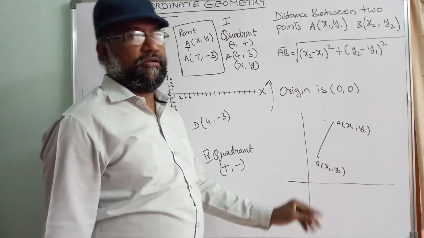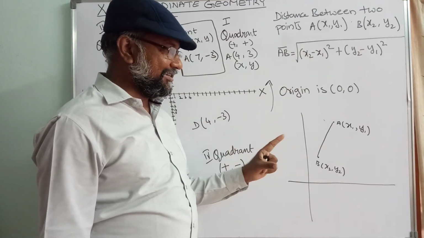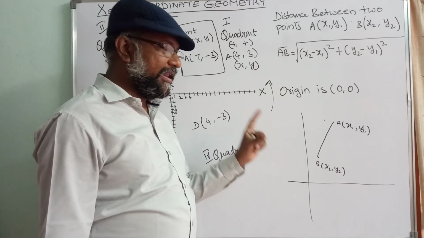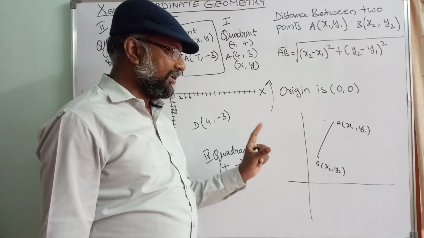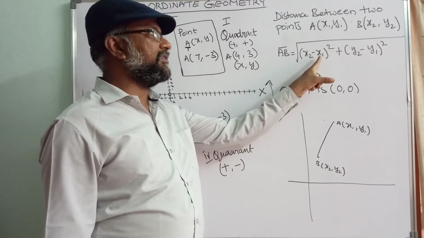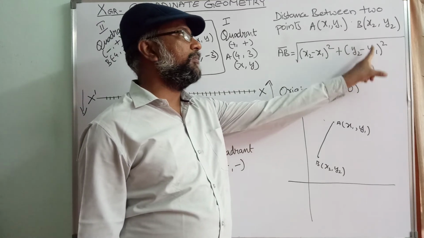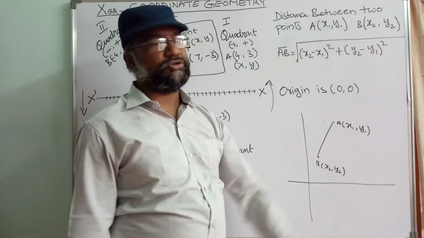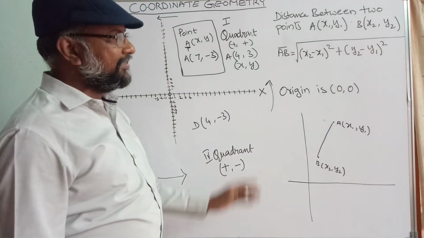The formula for the distance between two points in a coordinate system is the square root of (x2 minus x1) whole squared plus (y2 minus y1) whole squared.